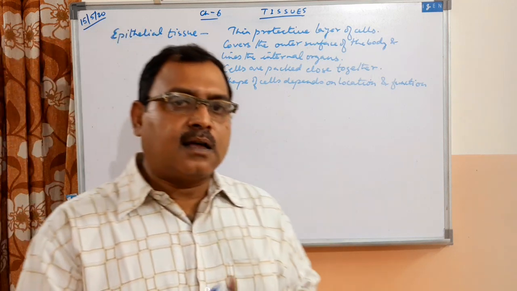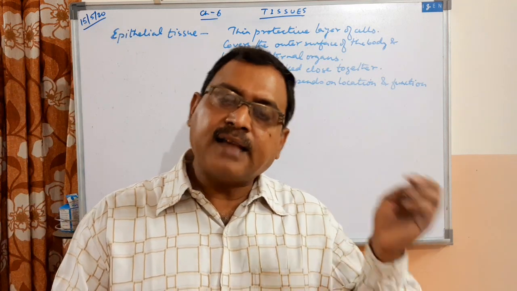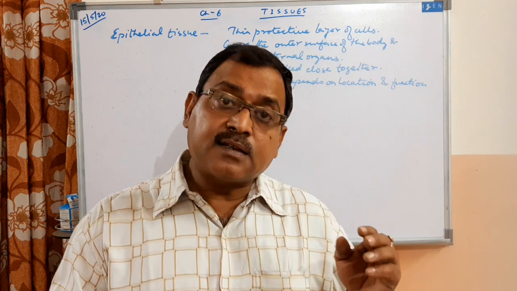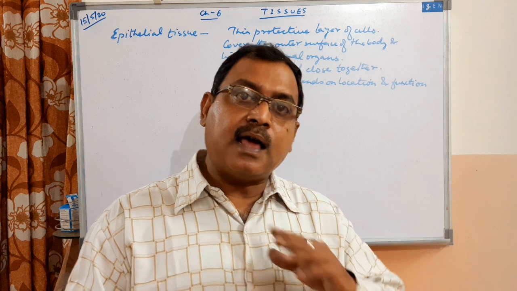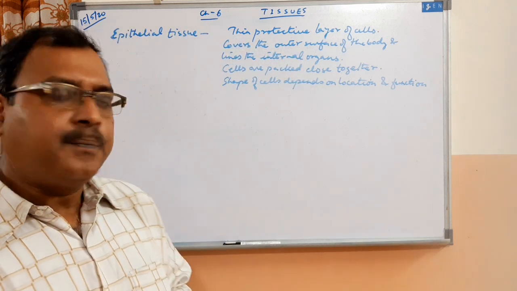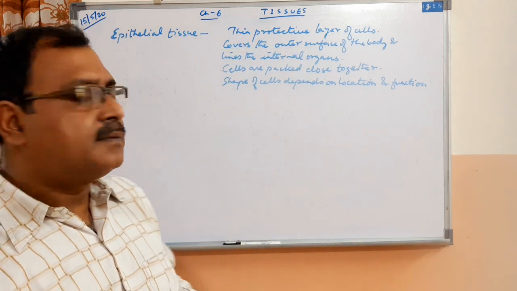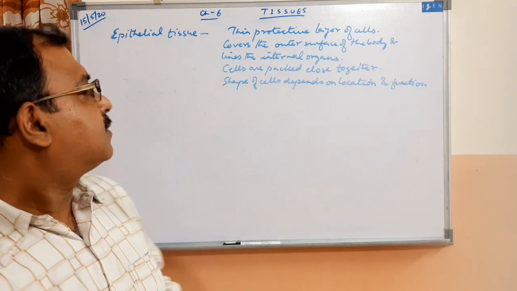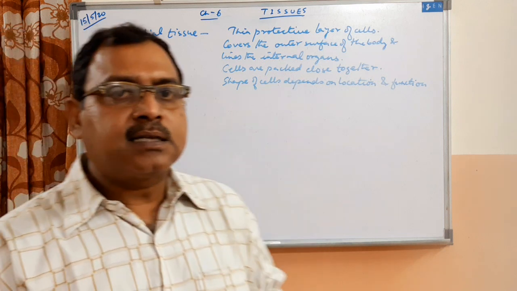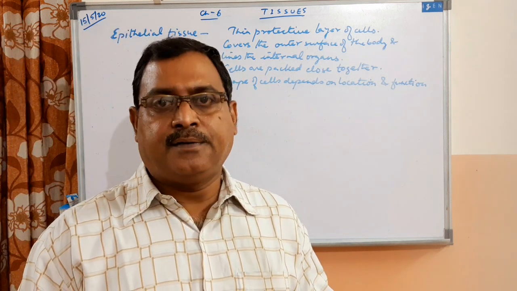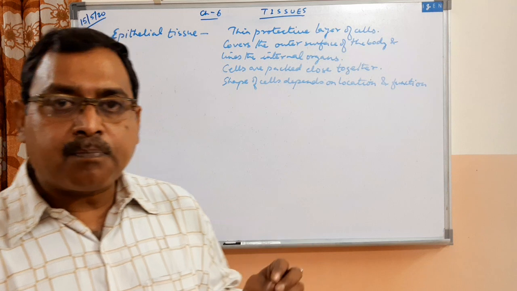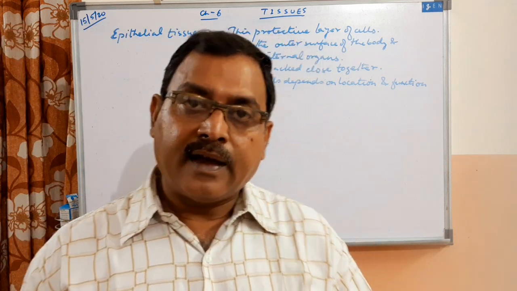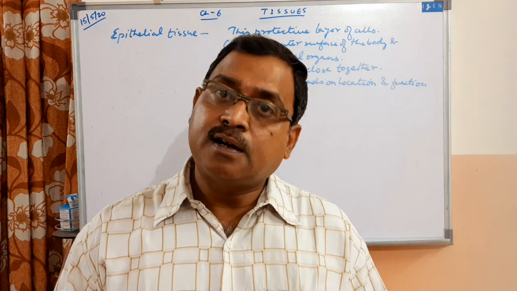It covers the outer surface of the body as well as it is present in the internal lining of the organs, right? It lines the internal organs. Cells are packed close together and the shape and size of the cell depends upon the location and the function of the tissue.